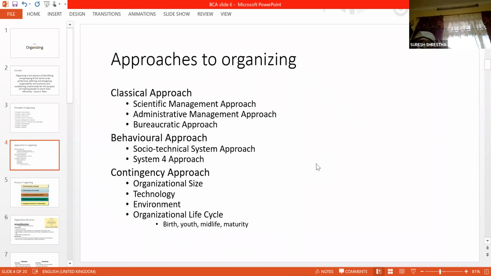Contingency approach भनेको चाहिँ नि there is no one way of organizing. It depends upon number of factors. For example, size, technology, environment, life cycle, कस्तो छ त्यो अनुसार चाहिँ organizing गर्न पर्छ भन्ने approach चाहिँ contingency approach. बुझ्यो?